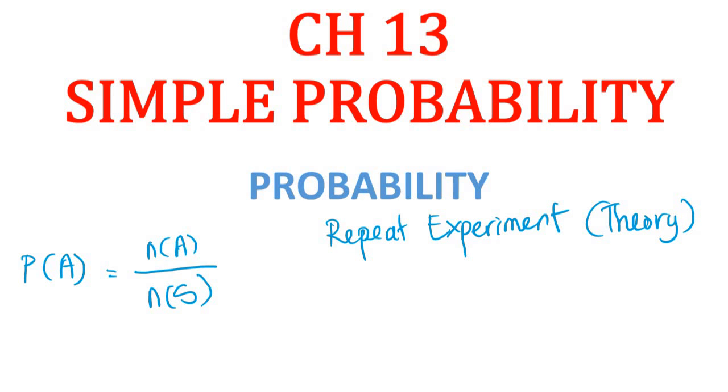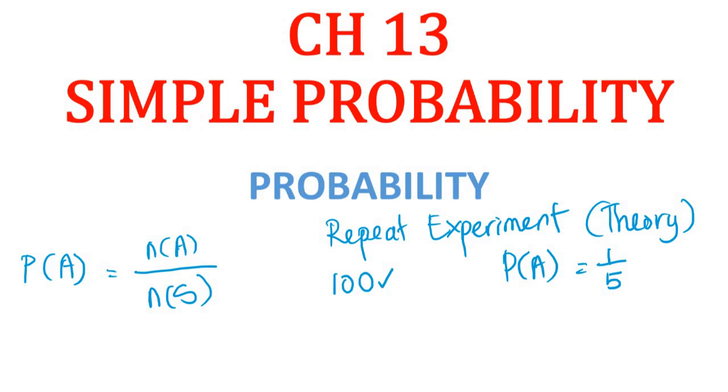For example, I repeat the experiment 100 times, and the probability for the event should be 1 over 5, for example. So, I repeat 100 times.